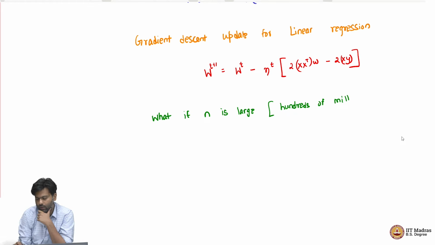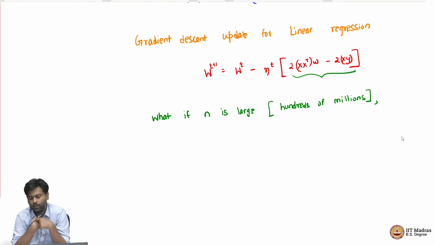Now, what is the issue that we want to solve here? Well, remember, gradient descent is an iterative process. So, at every round you need to compute the gradient, which means that the gradient requires XᵀX to be computed, and XᵀX is a d cross d matrix, but it came from a d cross n times n cross d matrix.